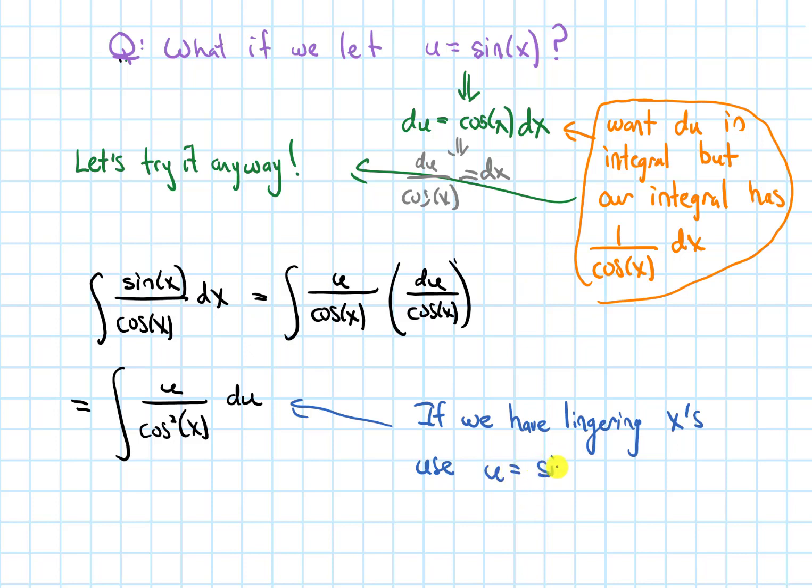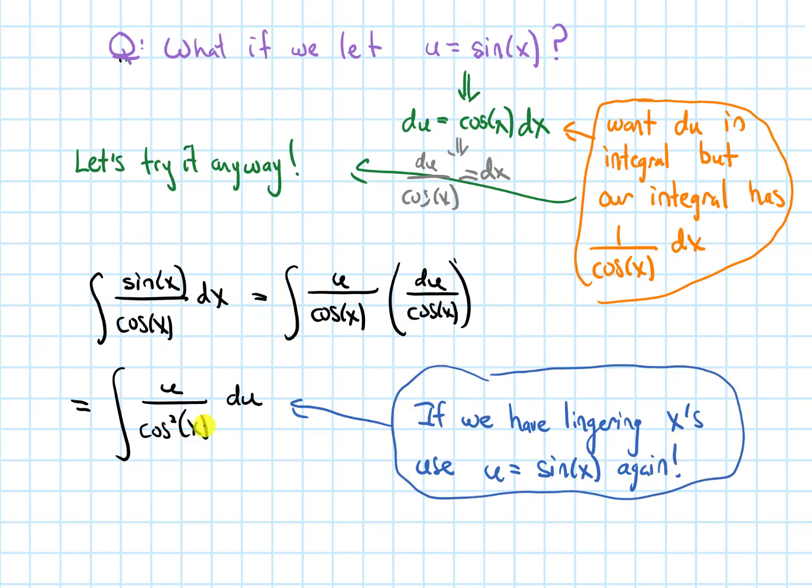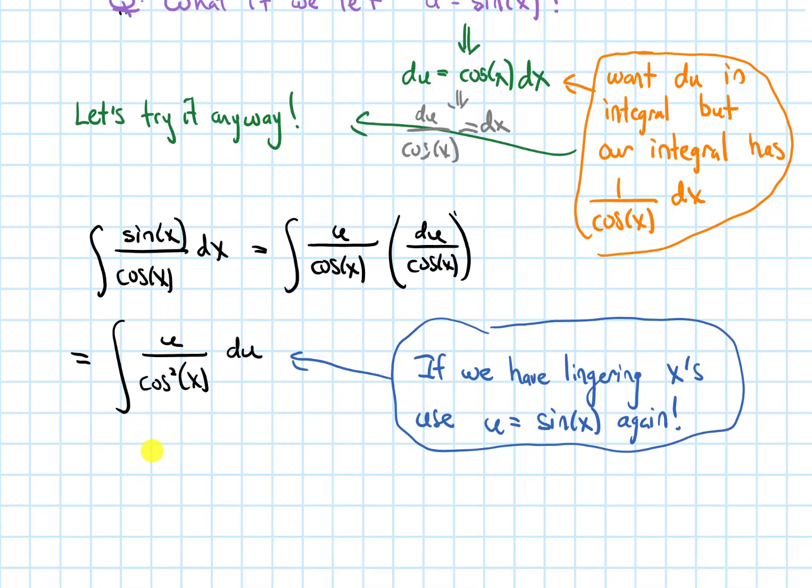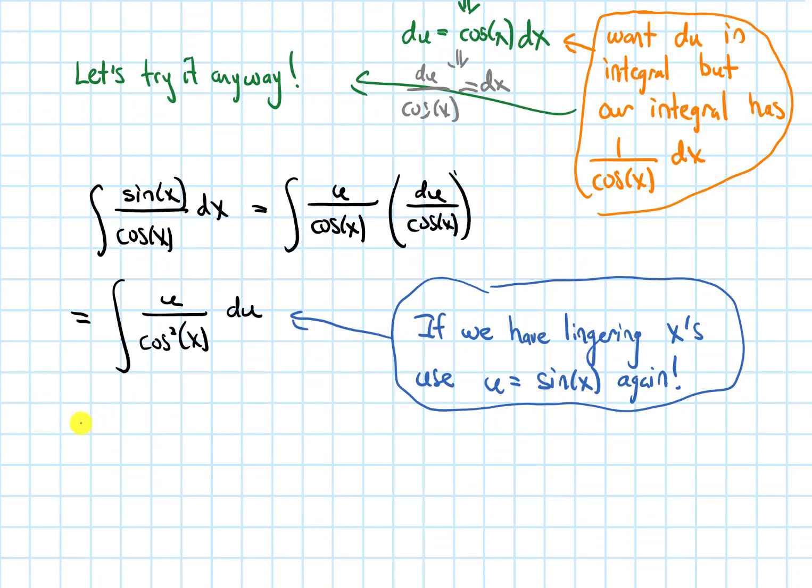Let's try using u equals sine x again. Okay, I'll put a little bubble around this. Well, right now in my integral, I don't see sine x. I see cosine squared. Okay, but there's a connection between cosine squared and sine squared. So this becomes u over, and cosine squared is 1 minus sine squared. Okay, so I'm using a trig identity there. And then we have the du.